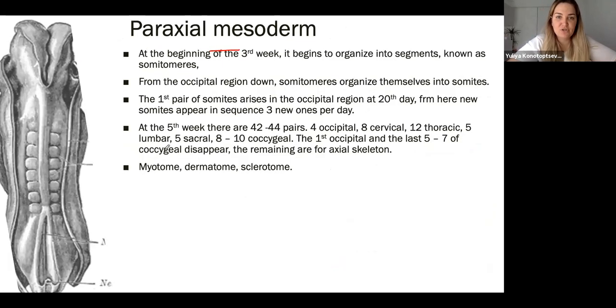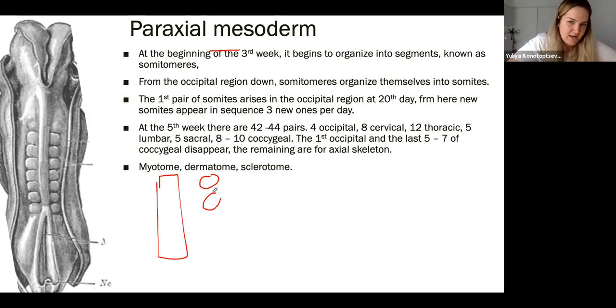You can imagine that it is not a brick of tissue. It is actually segmented. Paraxial mesoderm has little tiny units like on this picture. These are the units of the paraxial mesoderm. They're segmented. Why? Because of vertebrae. We have one vertebra here, one here, one here, so of course it has to be segmented.